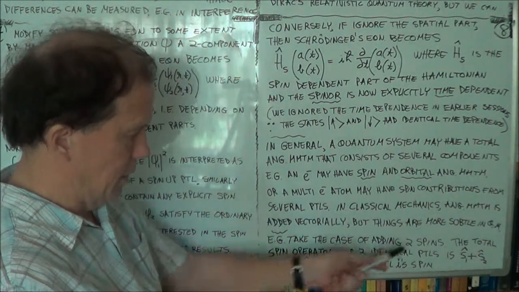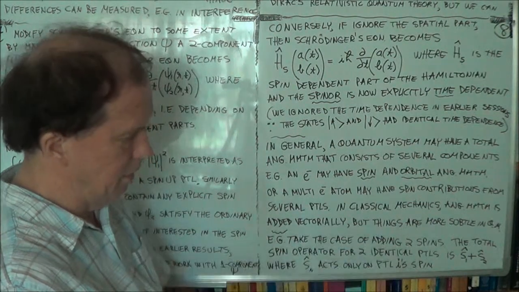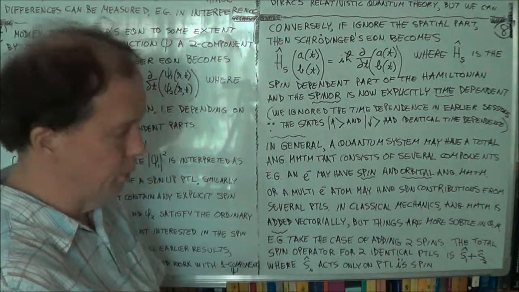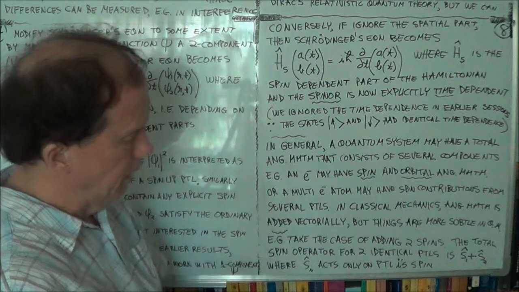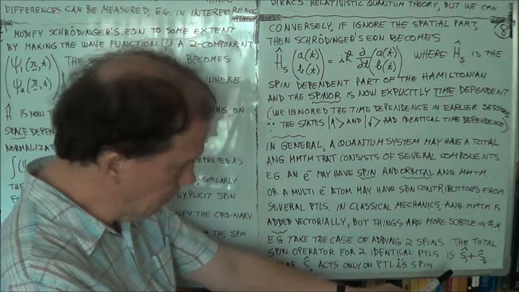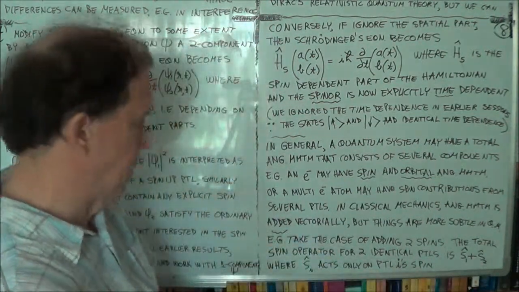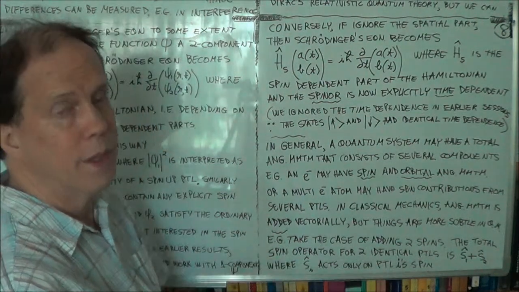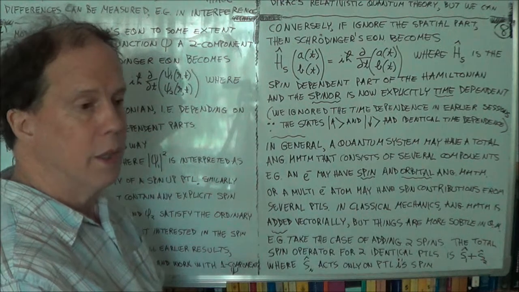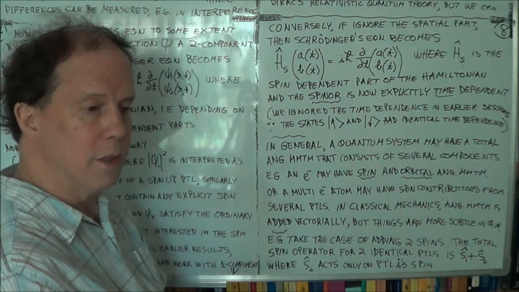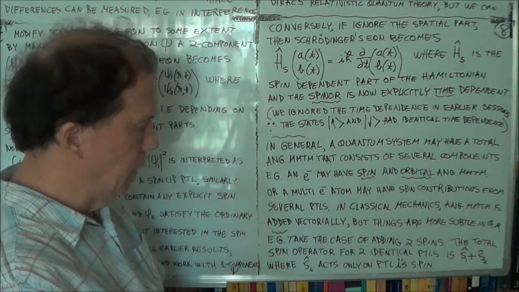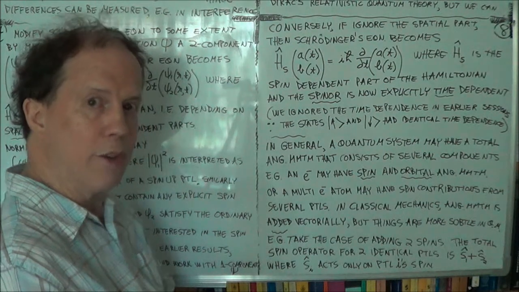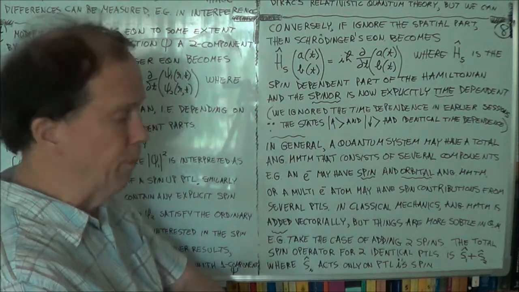And so we'll start in the next session, next board, this is the end of the board. We'll start in the case where we have two spins. Right? So we have two identical particles. Now we've talked a bit about identical particle wave functions in the past. The symmetric and anti-symmetric form, if you remember.